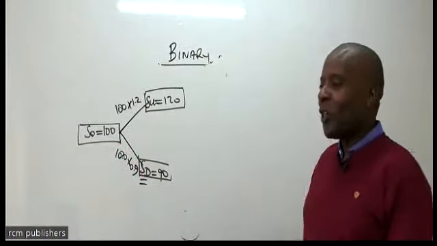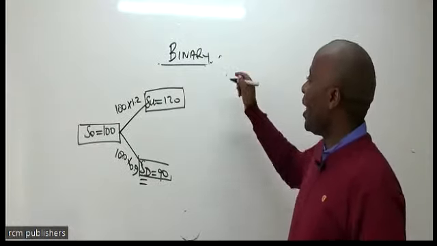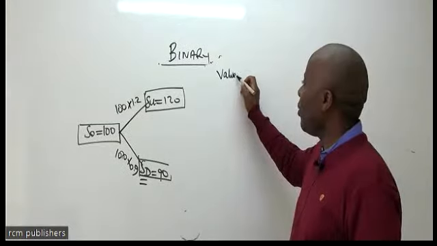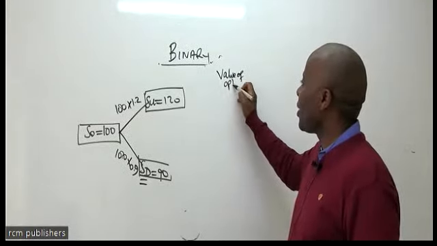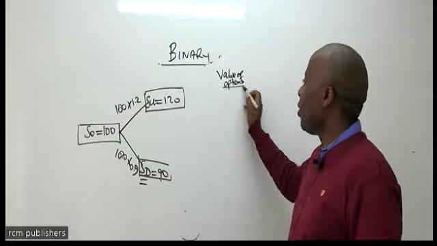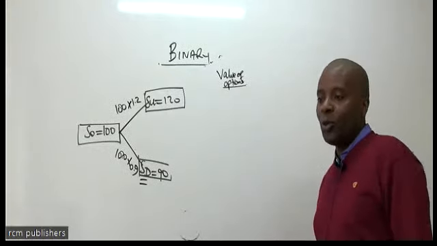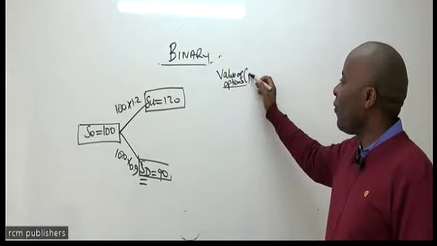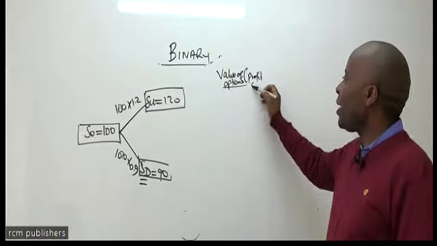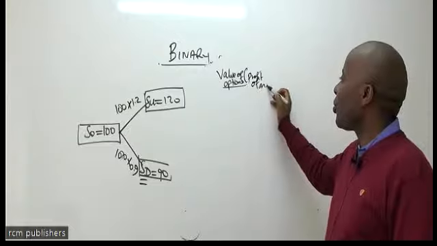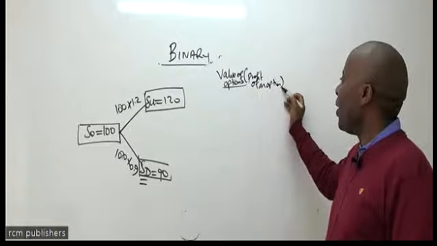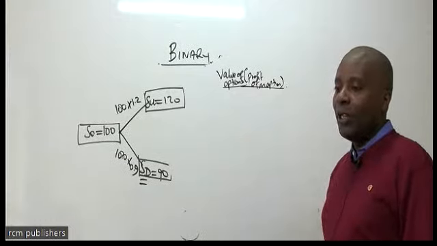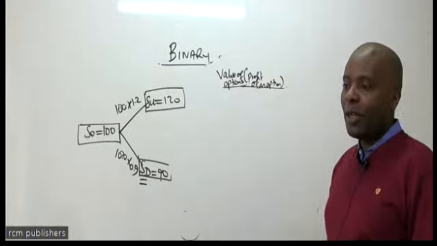Now from there, we go to the next step. The next step is all about getting the value of options. Remember, the value of an option basically is the profit of an option.